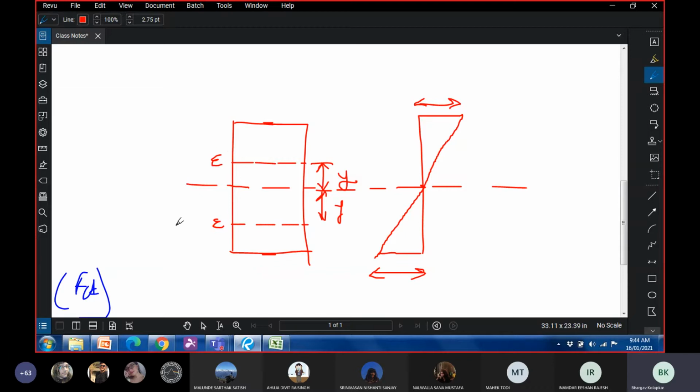If this is compressive, this is going to be tensile, and vice versa. It means that the strain is linearly varying. If I have to draw a plot, the strain here is equal to the strain here, the strain here is equal to the strain here, and so on. If I join all these points, what I get is a linear variation of strain along the cross section.